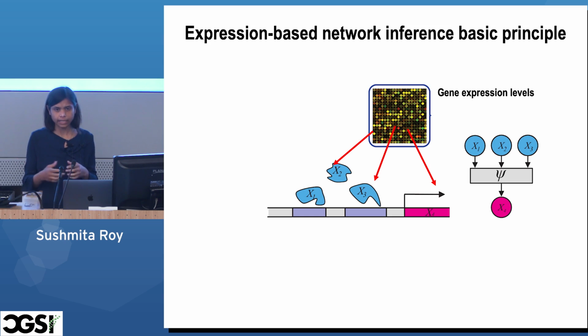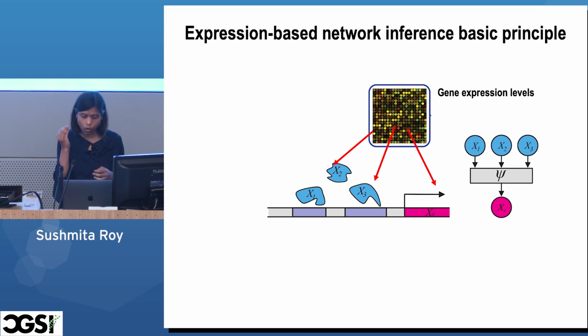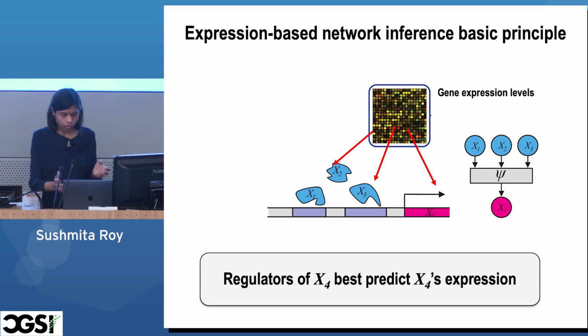The psi can take the form of a Boolean function, a probabilistic function, or a differential equation, and all of these methods are really trying to figure out what the regulators are, that is, what are the covariates that explain the expression of a gene. So the regulators of X4 are those that best predict its expression.